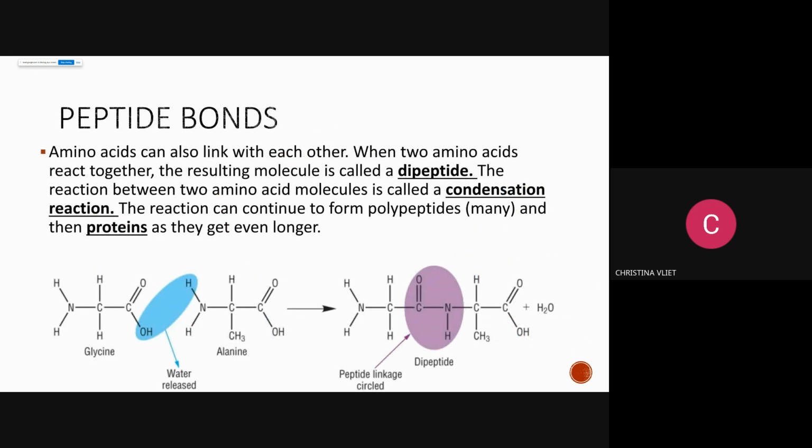So peptide bond, I already covered what this is. This specific bond right there is called the peptide bond. And another name for the reaction is called condensation. We already said that. This reaction can happen again and again and again to form many amino acids linked together. And this is how we get the primary structure of a protein.